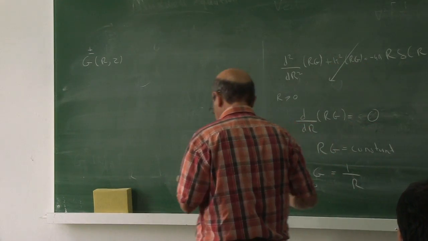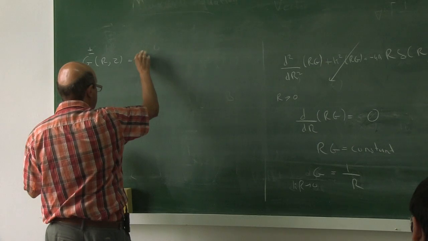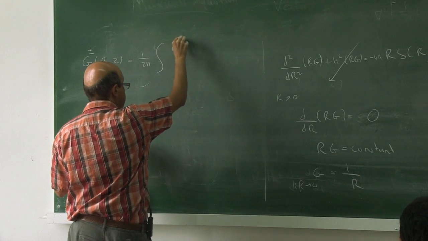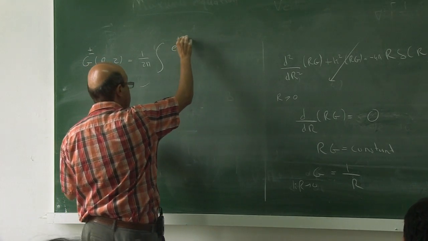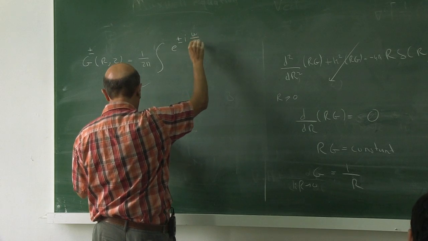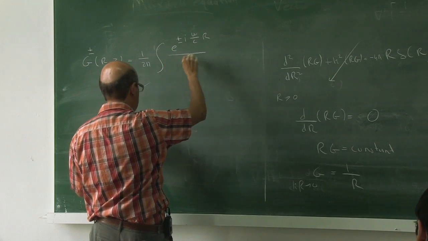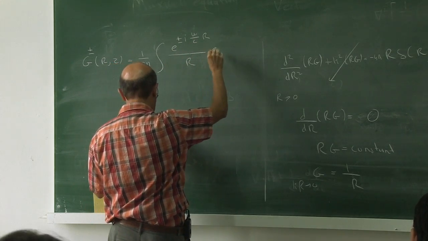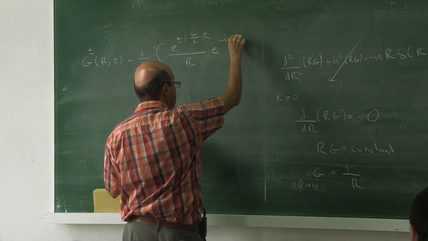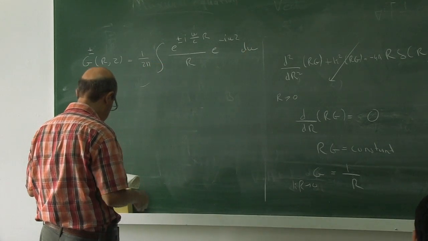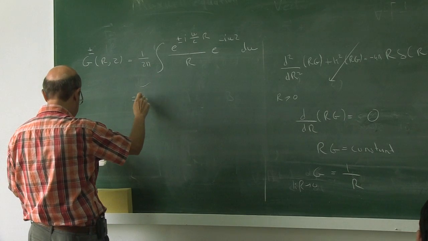Our integral becomes 1 over 2 pi, integral of e to the plus minus i omega over c r, over r, e to the i omega tau d omega.